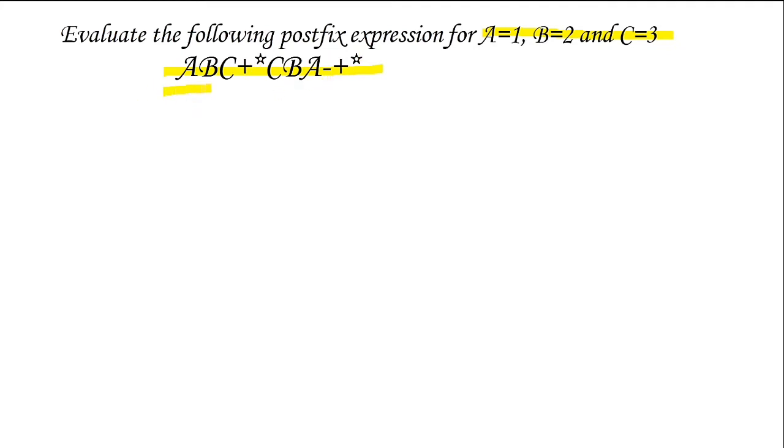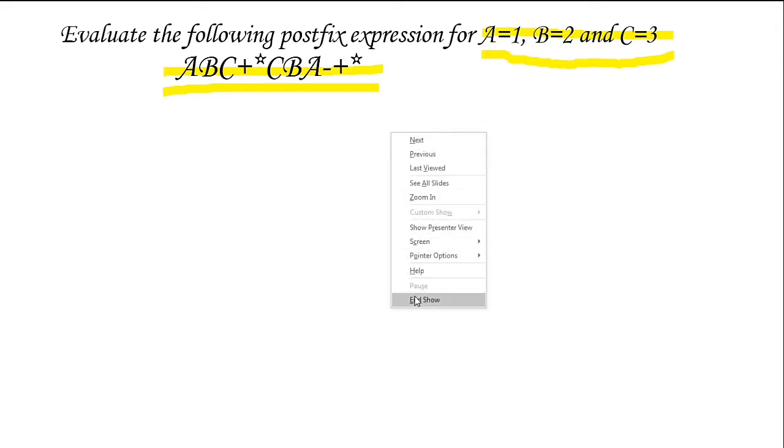Instead of ABC, we write 1, 2, 3. So 1, 2, 3 plus star, 3, 2, 1 minus plus star. That will be your postfix expression. Now let us solve it.